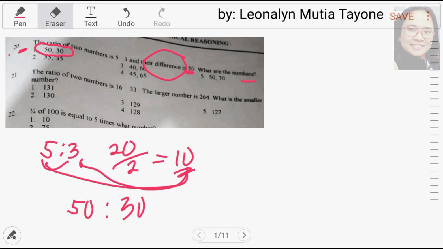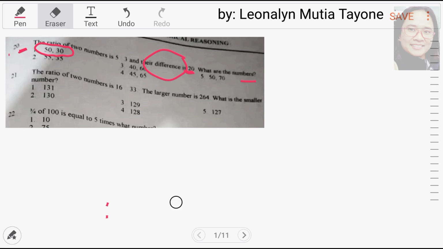Ngayon, para maintindihan nyo kung paano ko yun ginawa, ito ang pinaka-solusyon dito. Let n be that number na i-multiply natin sa 5 and 3: 5n at saka si 3n. Difference, so i-minus natin yan. 5n minus 3n, and that is 20.